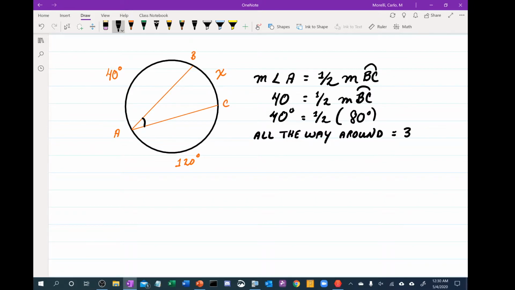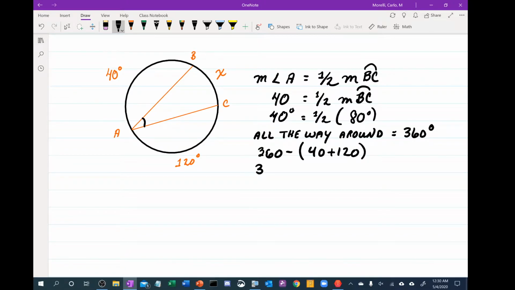So if this was your problem, okay, and you wanted to find out what x was, that would be the arc length from B to C, you would need to take 360 degrees and subtract the sum of 40 and 120. So it'd be like 360 minus 40 plus 120.